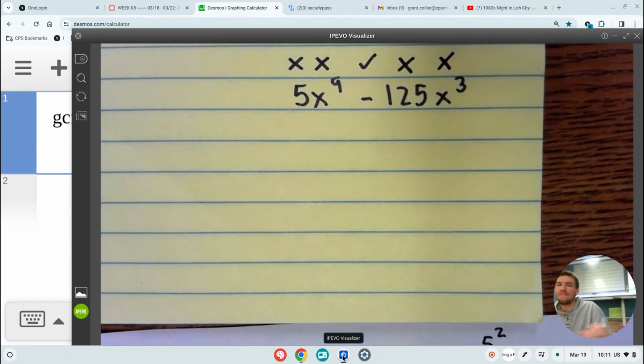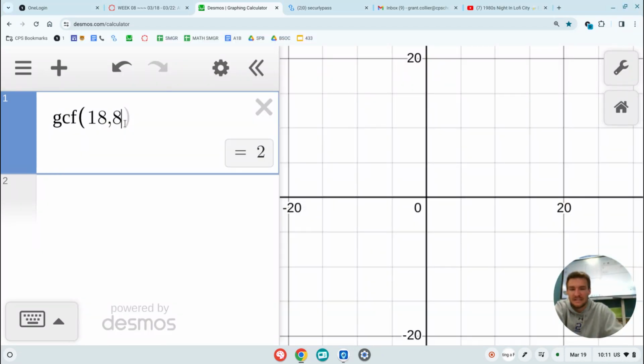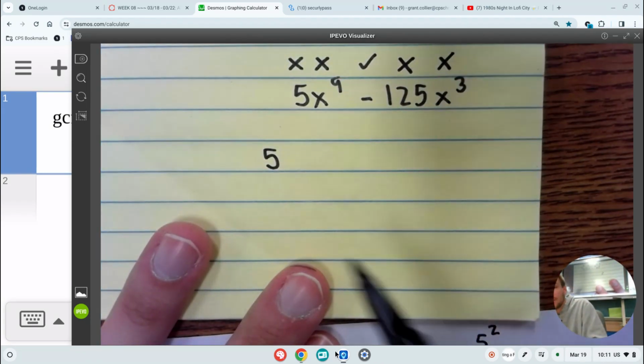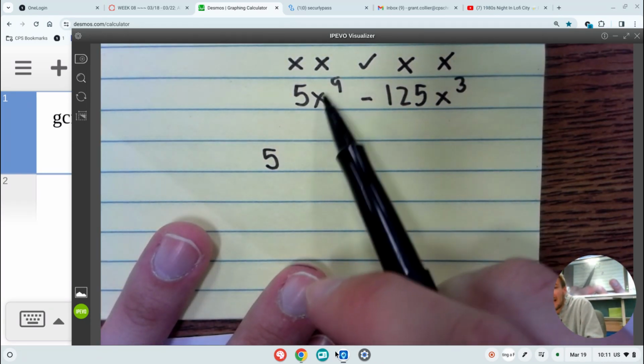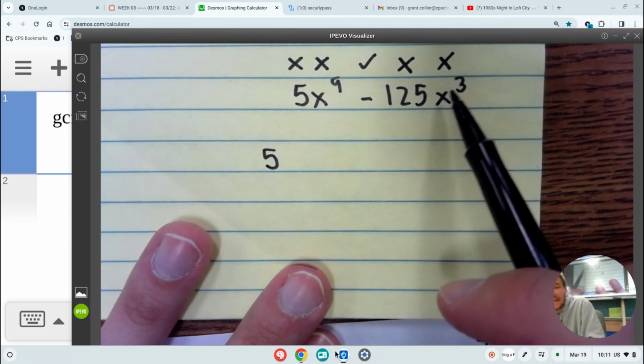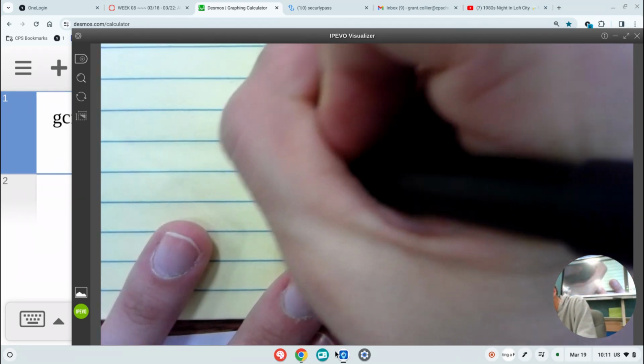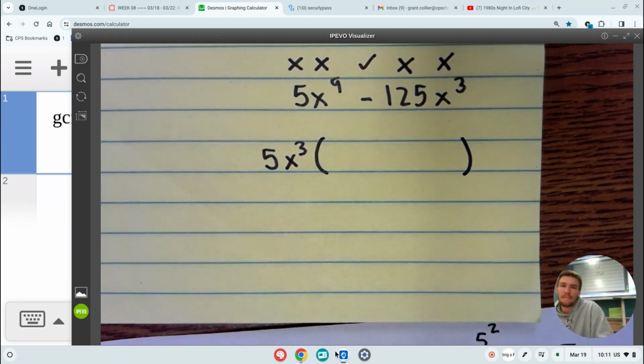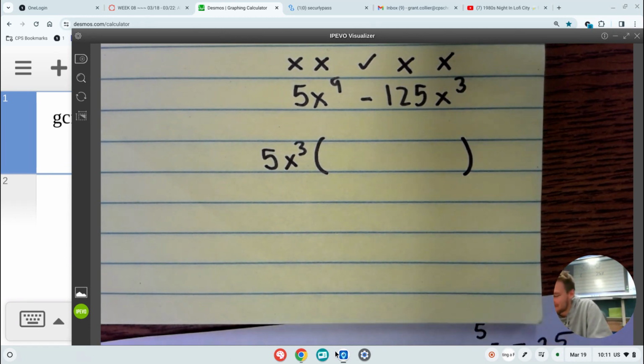But maybe we do a GCF. The GCF of 5 comma 125 is 5. So I'm going to take out a 5. Also, this term has 9 x's and this one has 3 x's. So we can also take out 3 x's from this question. If you need a reminder on how to do the GCF, I'll link that video in the comments maybe.